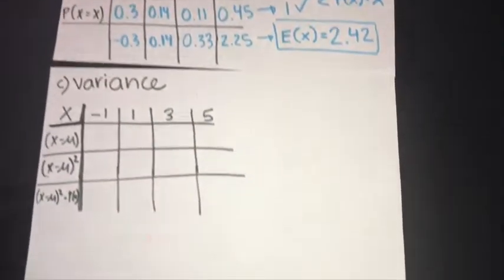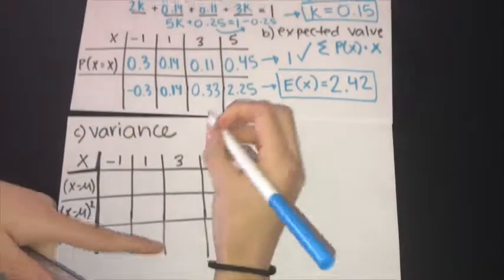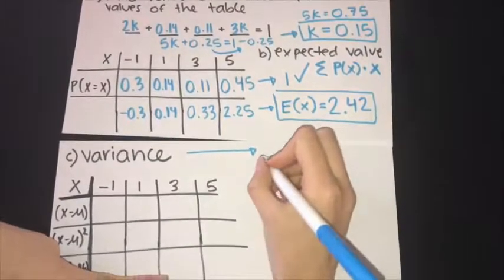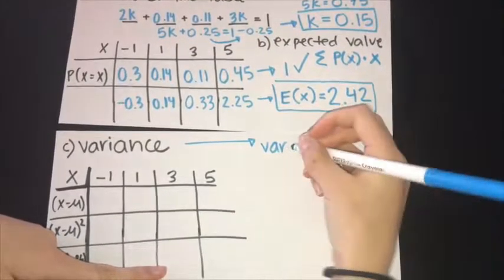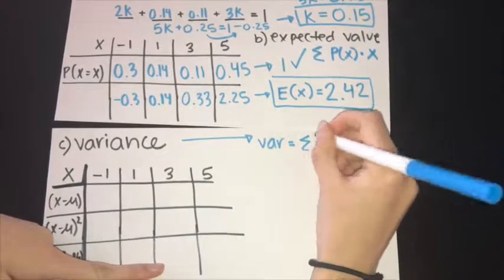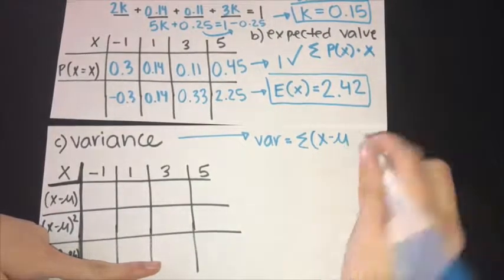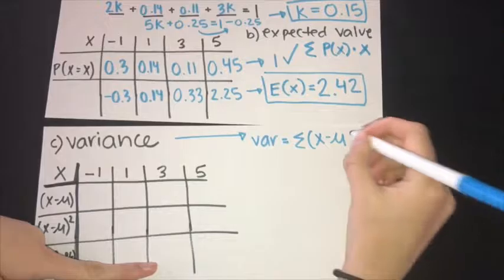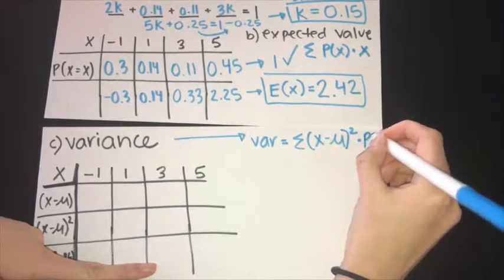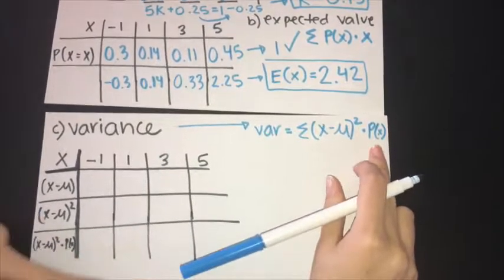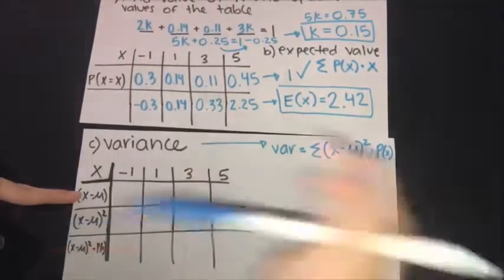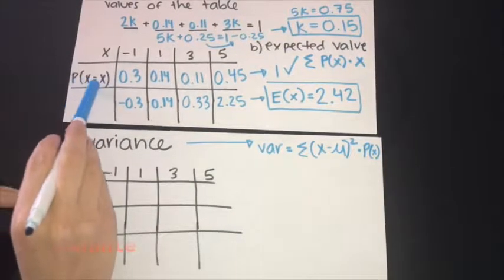Then they're asking us to find the variance. We know that the formula to find the variance is the sum of x minus mu, where mu is the same as the expected value, squared, times p of x, the probability of x. We already have this value here, which is the probability of x.